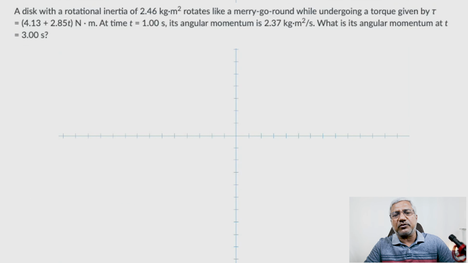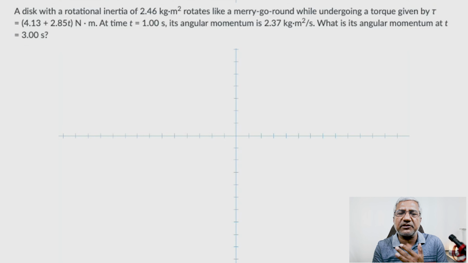A disk with a rotational inertia of 2.46 kilogram meter squared rotates like a merry-go-round while undergoing a torque given by tau is equal to something given there. At time t is equal to 1 second, its angular momentum is given. What is its angular momentum at t equals 3 seconds?